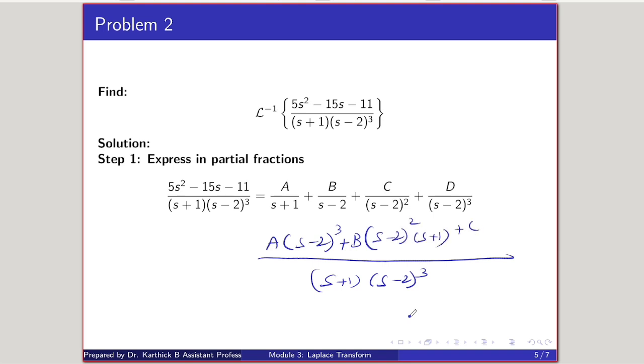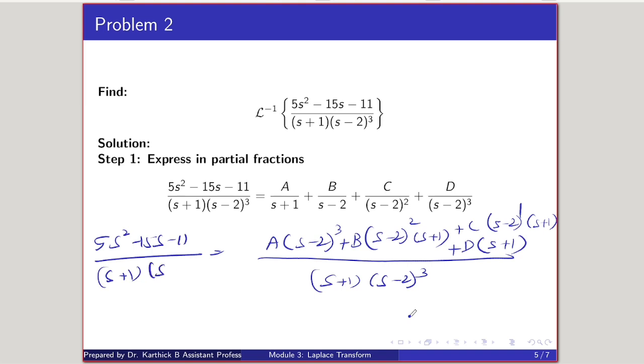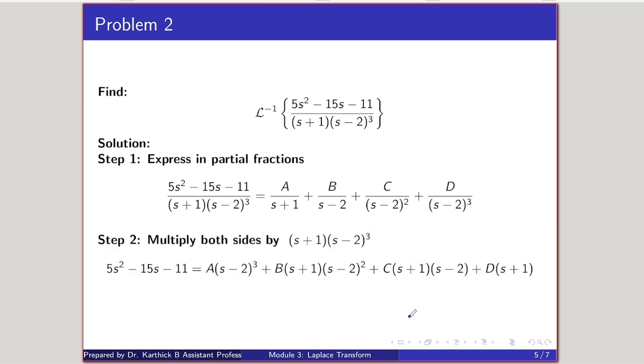For C, (s minus 2) has power 2, so I multiply one time, and s plus 1 one time. For D, I have to multiply only s plus 1. So on the right hand side, I get the expression like this. Then I may cancel the denominator easily, and the rest of the terms will be an equation. Now we want to find the values of A, B, C, D.